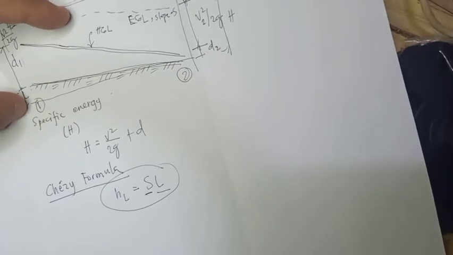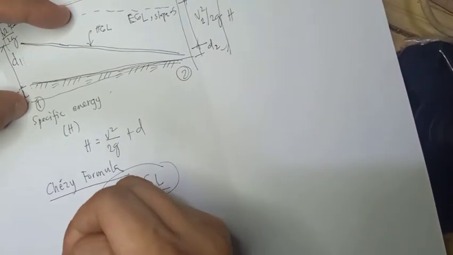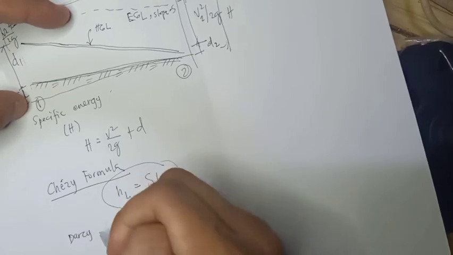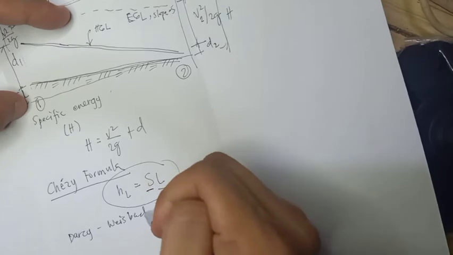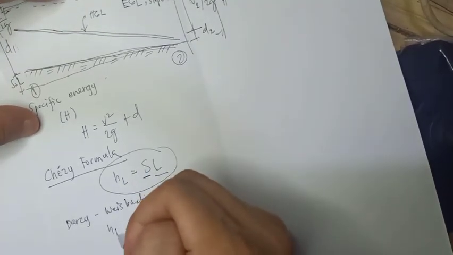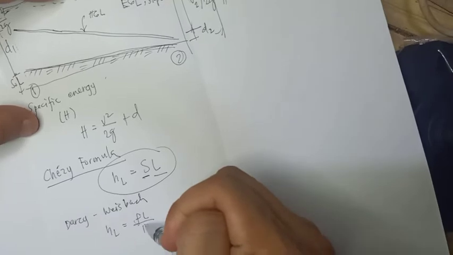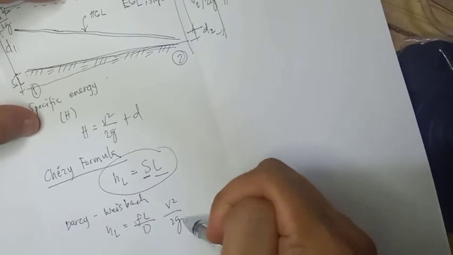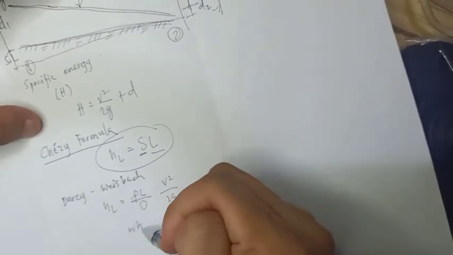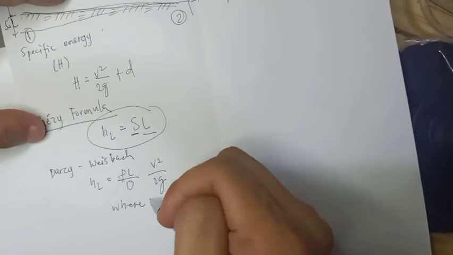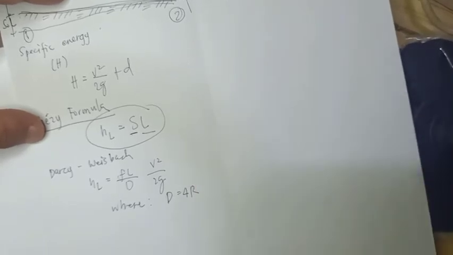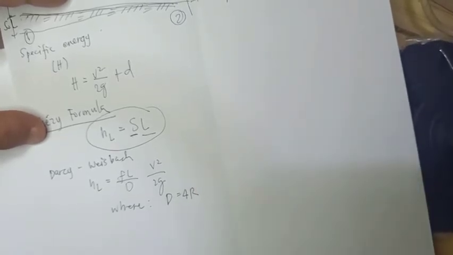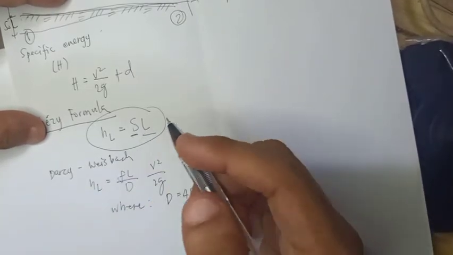From the Darcy-Weisbach relation, H sub L equals FL over D times V squared over 2G. Remember that D equals 4R.